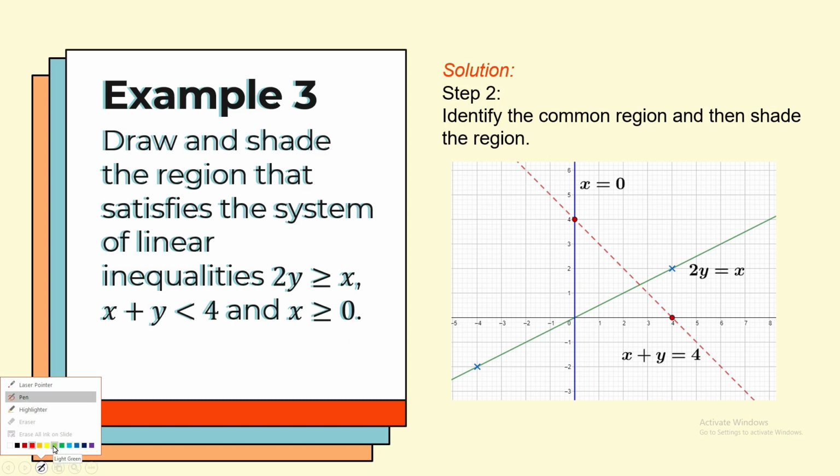Okay, I will use a green pen to shade my first linear inequality. The green straight line in this graph is our first linear inequality. It says that it is higher than or equal to, so it must be at the above region. Okay, here.